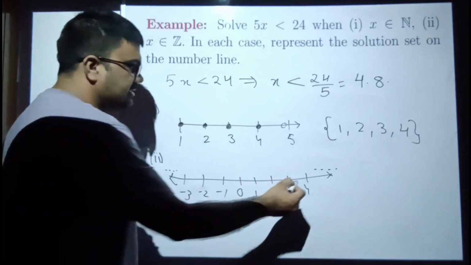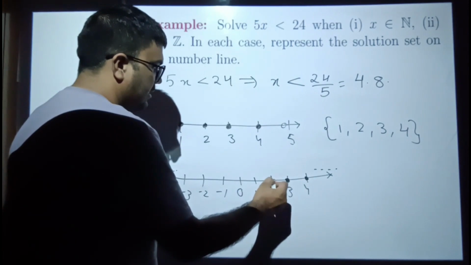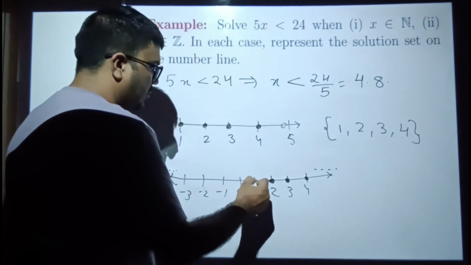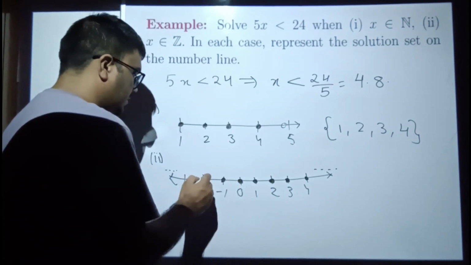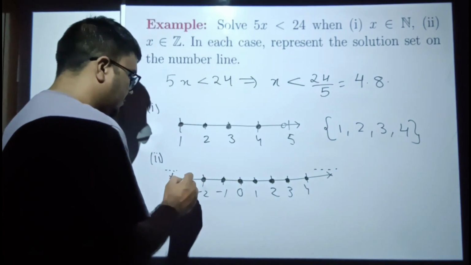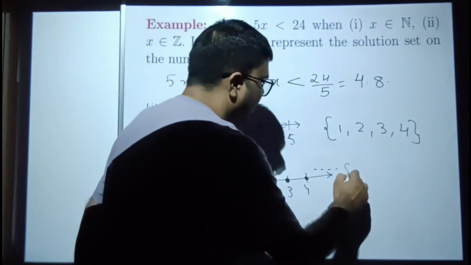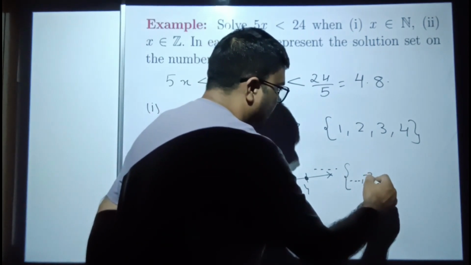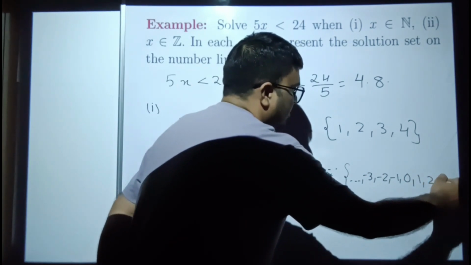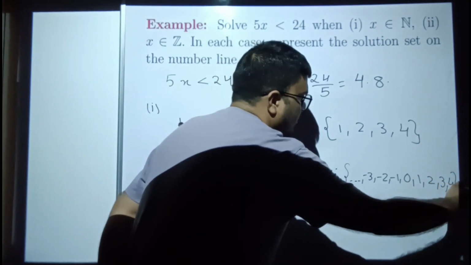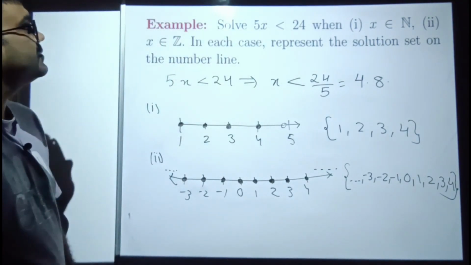So integers less than 4.8 means we are talking about 4, 3, 2, 1, 0, minus 1, minus 2, minus 3 and so on. So the solution set in this case is so on up to minus 3, minus 2, minus 1, 0, 1, 2, 3 and 4. These are the elements in the solution set.